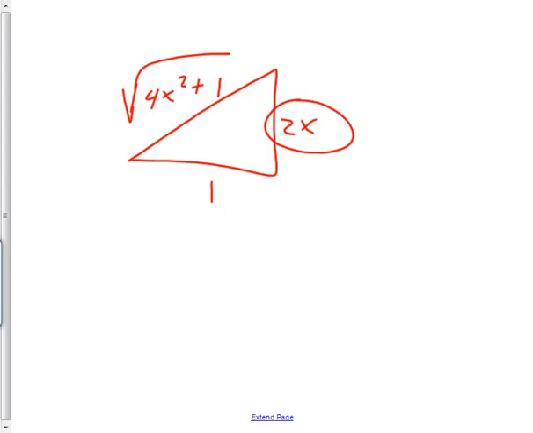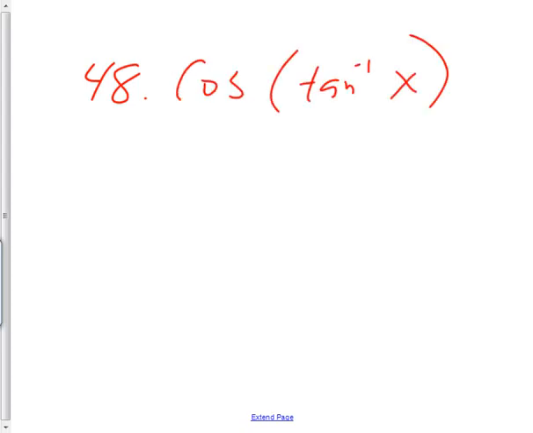All right. So we did 47. Let's just do one more. We'll do number 48. Problem 48 says cosine of inverse tangent x. Does that look familiar? Isn't it exactly the same triangle as problem 47?